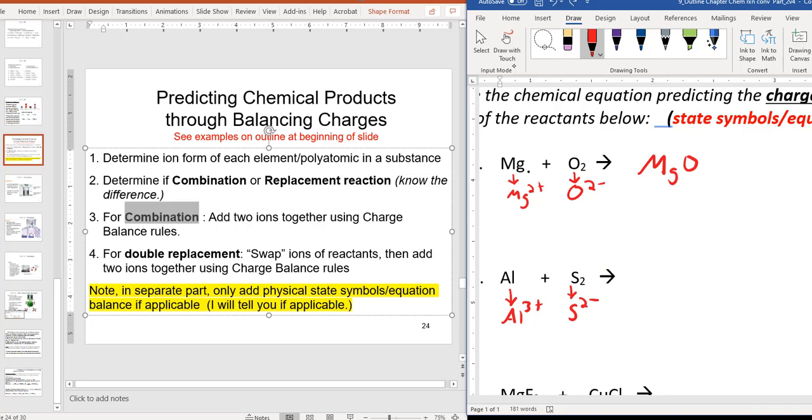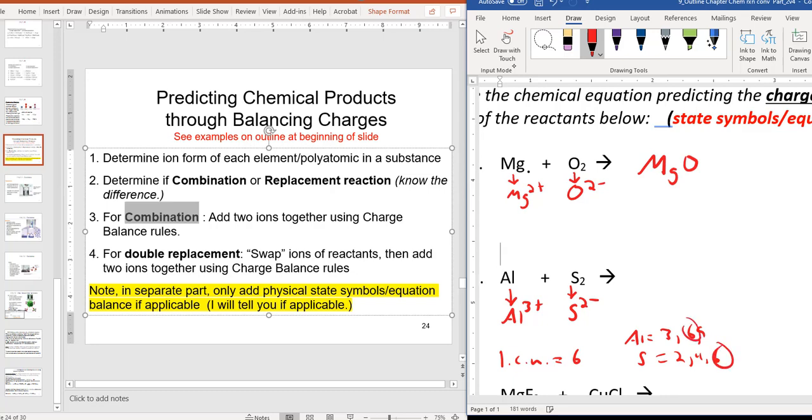So you need to go ahead and figure out the charge balance rules in this one. In this case, we're going to need the least common multiple, which is going to be 6. For aluminum, it's in multiples of 3, so 3, 6, 9. Sulfur is in multiples of 2, so 2, 4, 6.